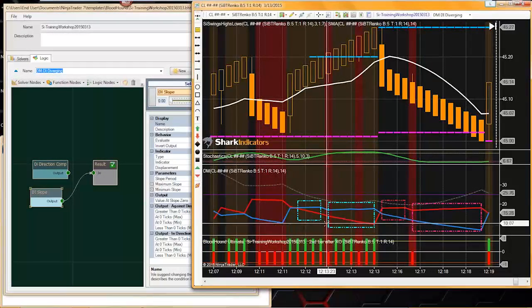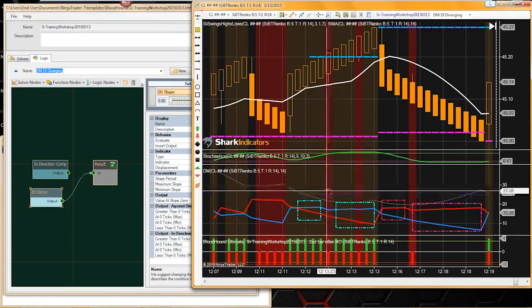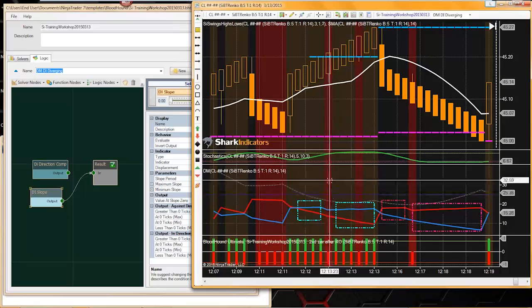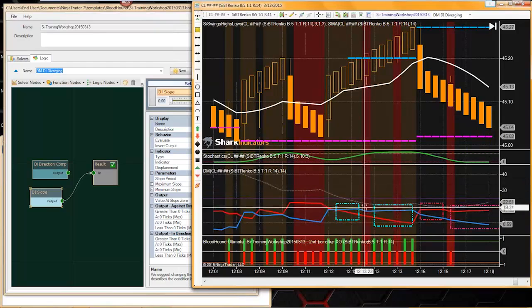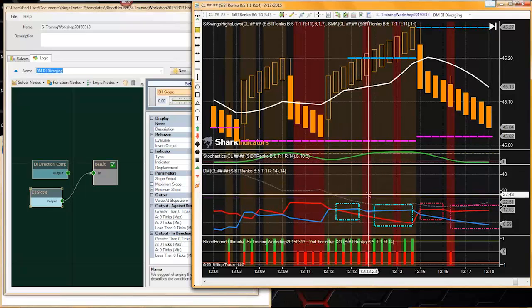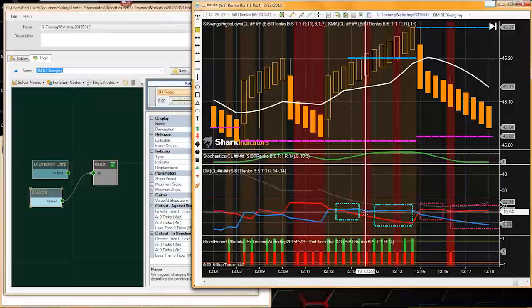All right, so look, you'll notice that our DI plus is on top, so we're in an uptrend. However, if we look at the blue plot line, it actually is sloping down, so it's converging with the DI minus.